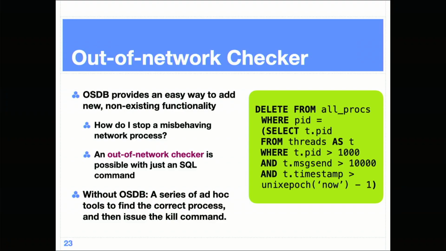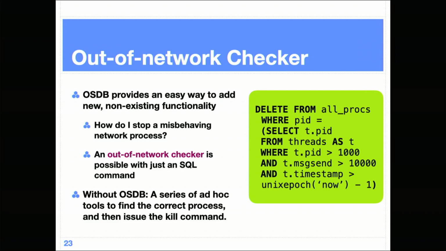Being able to do that, we could also do what's called an out-of-network checker. So if you've ever accidentally run a runaway process on a Unix and memory grows huge, eventually the kernel kills your process because you've used up all the memory. So we wrote, without changing the kernel, an out-of-network checker. So imagine someone wrote a program and it's being flooded by a DDoS, right?